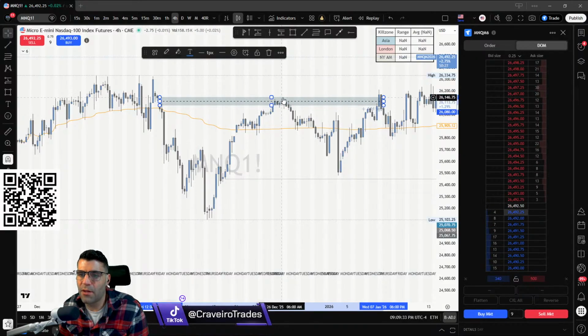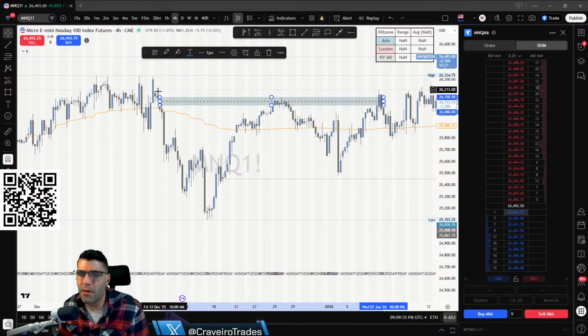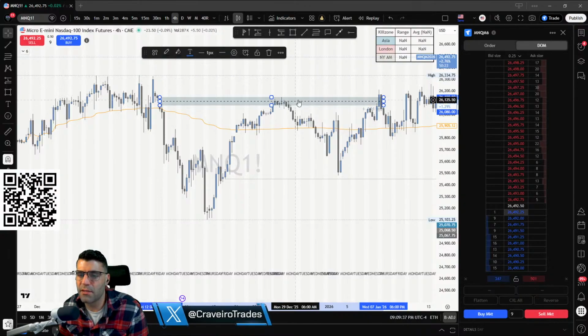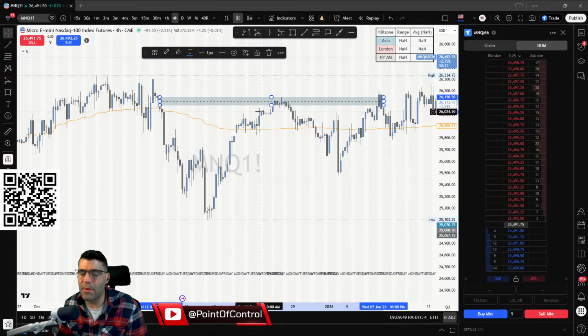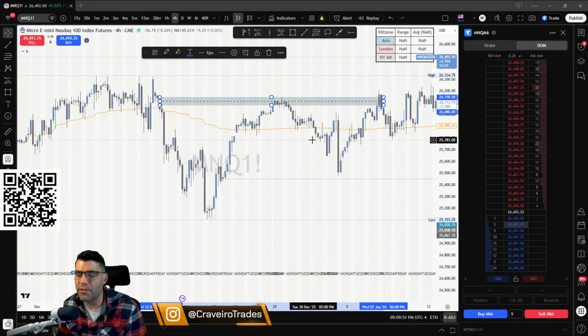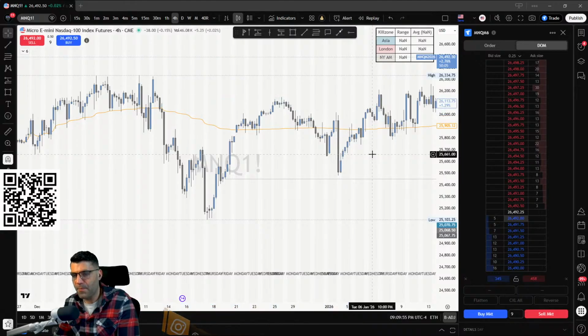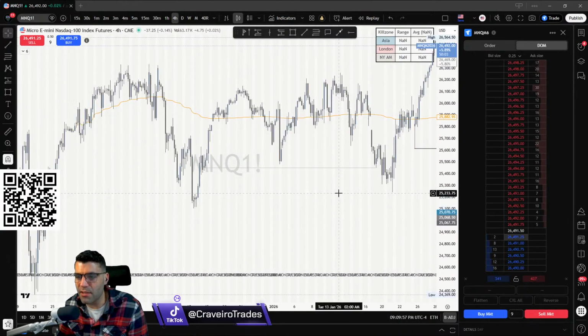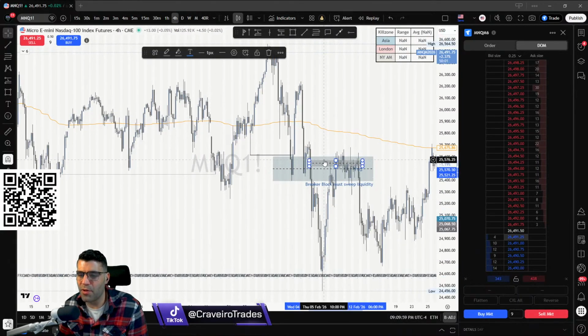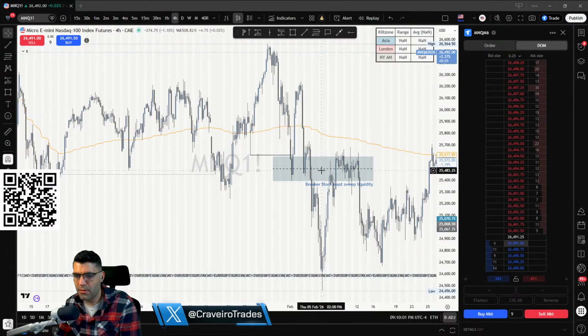Notice how the top of that candle did not punch higher than these highs. That right there is a mitigation block. The low of that wick also didn't sweep these lows. We didn't sweep any liquidity with this, but we had a change in the state of delivery. That's a mitigation block. Okay, so a mitigation block doesn't sweep liquidity. A breaker block does.